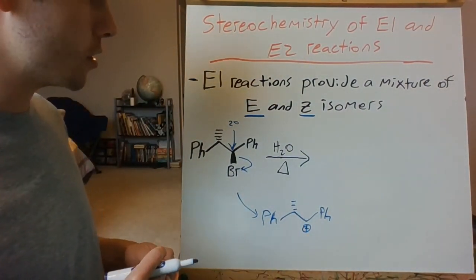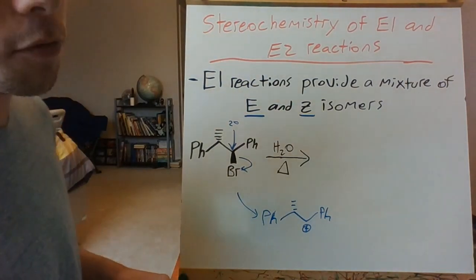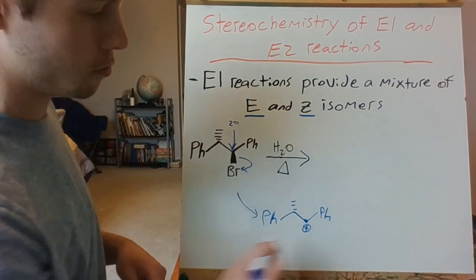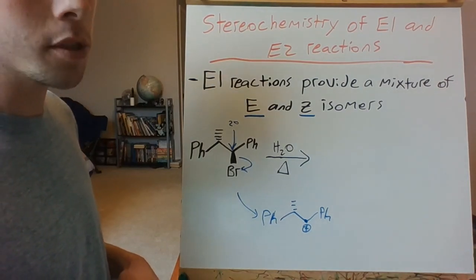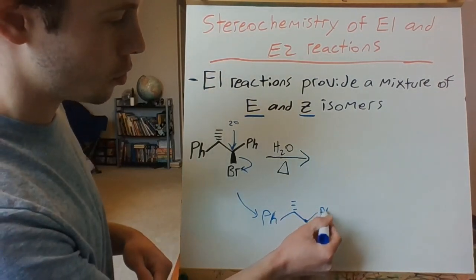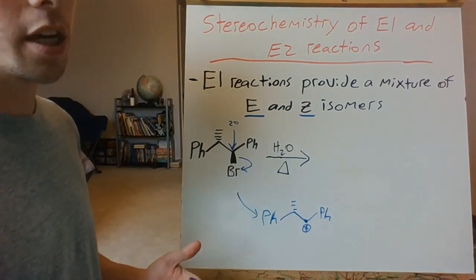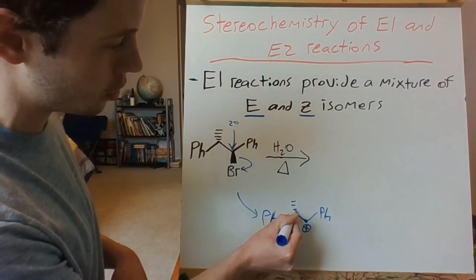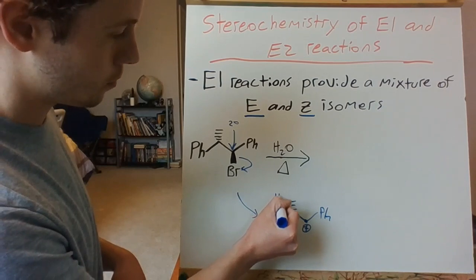Once that is formed, we now need to use our base and pull off a proton from the beta carbon. Remember, the carbocation is on this carbon right here, which we call the alpha carbon. We then look around for beta carbons that have hydrogens. There's no hydrogen over here on this beta carbon because remember that Ph stands for phenyl. Then we look over here to this beta carbon and we see that there is indeed a hydrogen on this carbon.